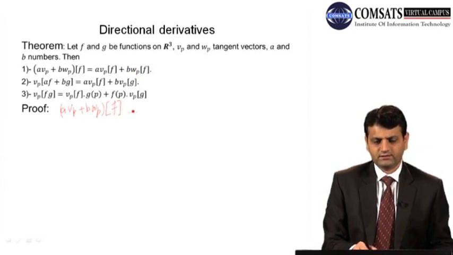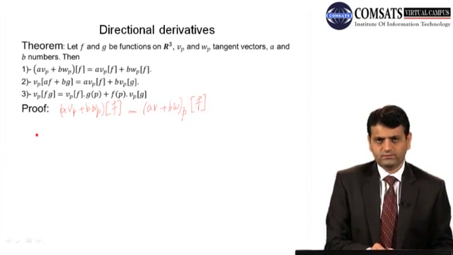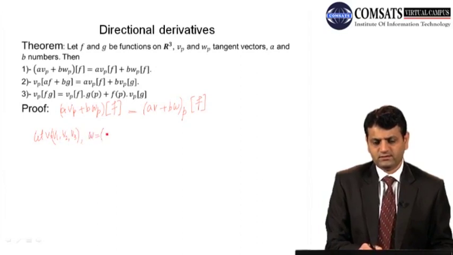So we know that this is equal to the directional derivative at P of f in the direction of AV plus BW. So let V be given as the components V1, V2, V3, and W be given as W1, W2, and W3.